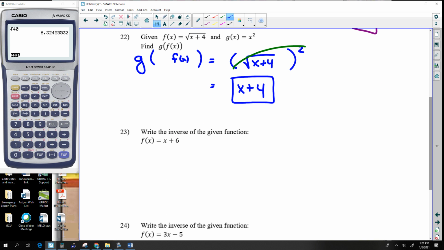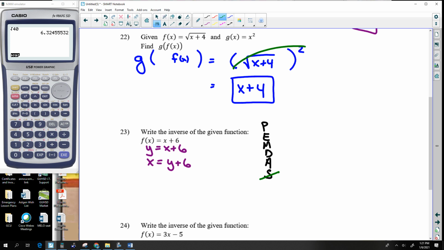Write the inverse of the function. Okay, so f of x is the same thing as the letter y. So if I'm going to be taking an inverse of this, y's become x's, x's become y's. So this is x equals y plus 6. So please excuse my dear Aunt Sally. I'm solving for y. So is there anything subtracting my y?